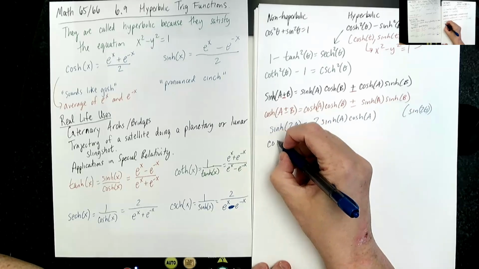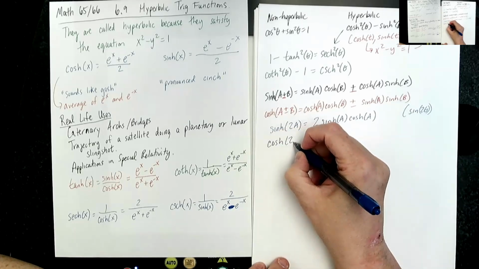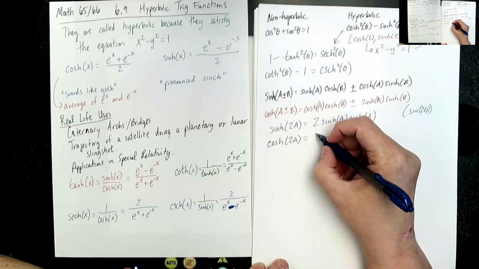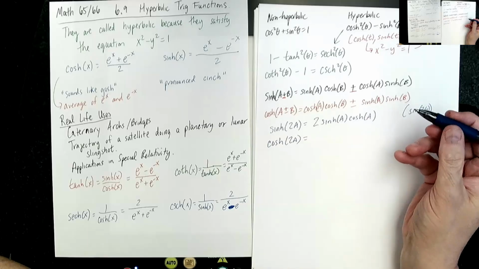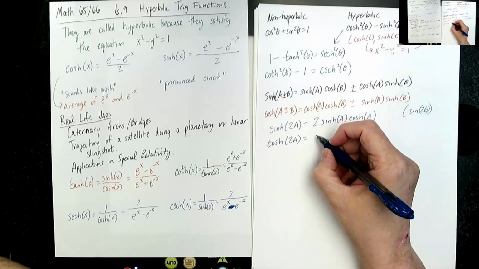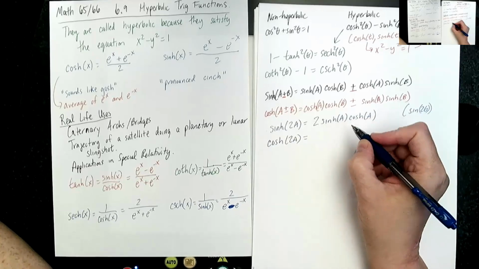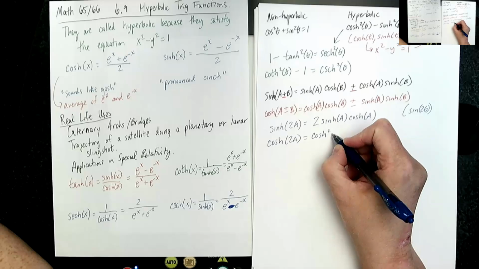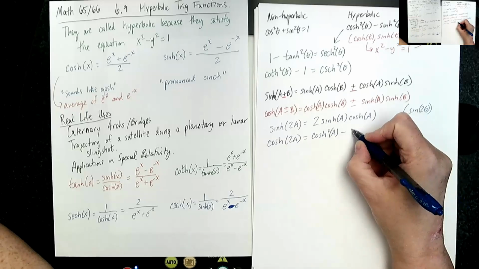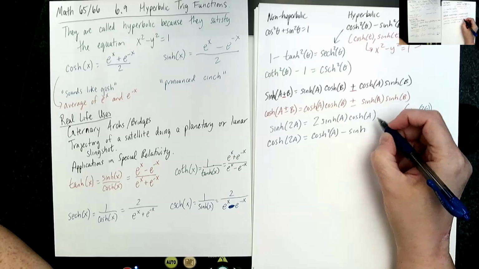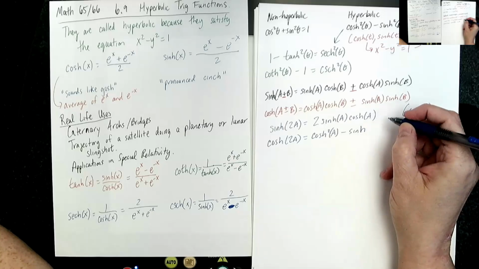And cosh of 2a is a little bit different than your other one. We've got cosh squared a minus sinh squared a. No, plus.